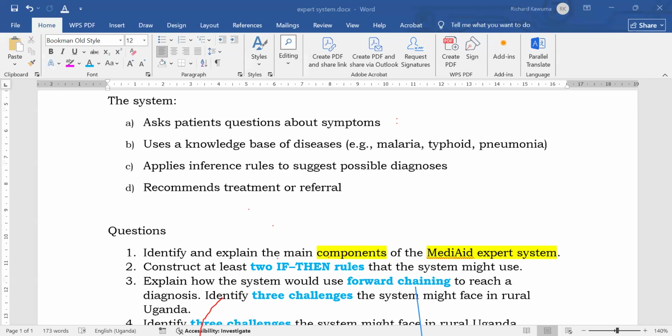How do all these components work together to form what is called an expert system? Can someone explain how the knowledge base, inference engine, explanation facility and user interface work together?